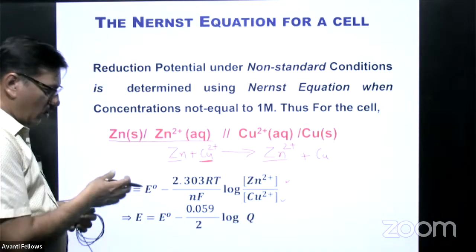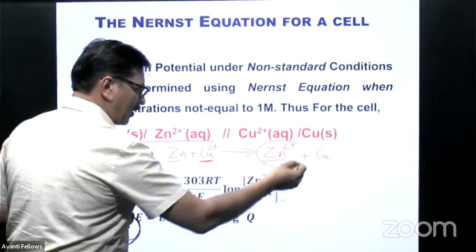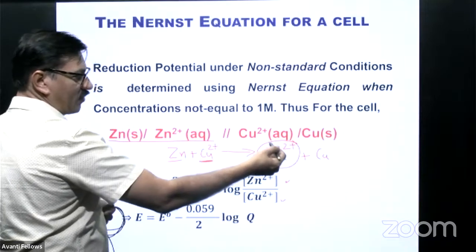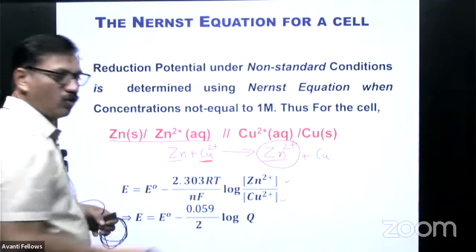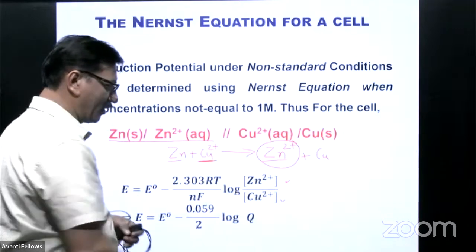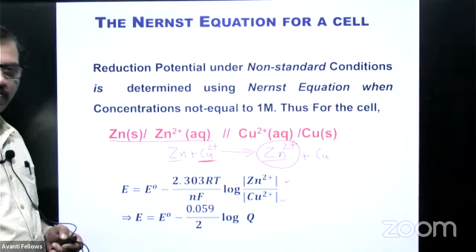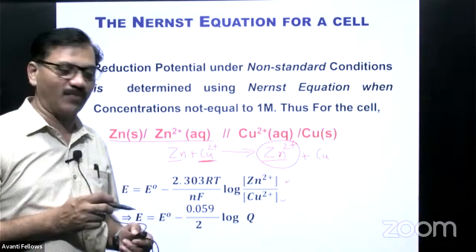Now, in order to apply the Nernst equation, pick up the equation in which the ionic species on the right-hand side are written in the numerator, and the ionic species on the left-hand side are written in the denominator. Then the Nernst equation expression can be given.